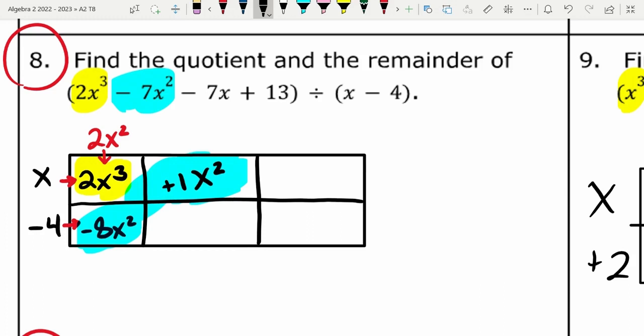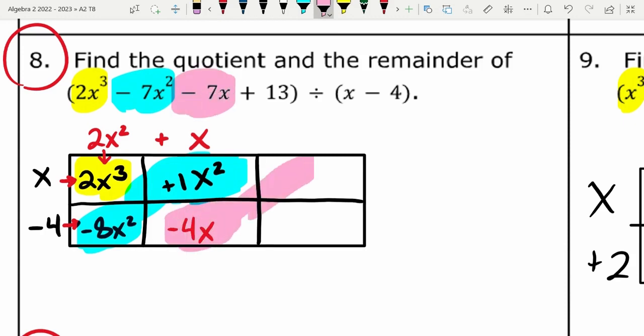Once we have that written down, we can figure out that this must be just regular x. Okay, because we have x times x equals x squared. And that'd be a positive x. Then we can take x times negative 4, that's negative 4x. Okay, and then we realize, okay, so we have negative 4x, but we need negative 7x.